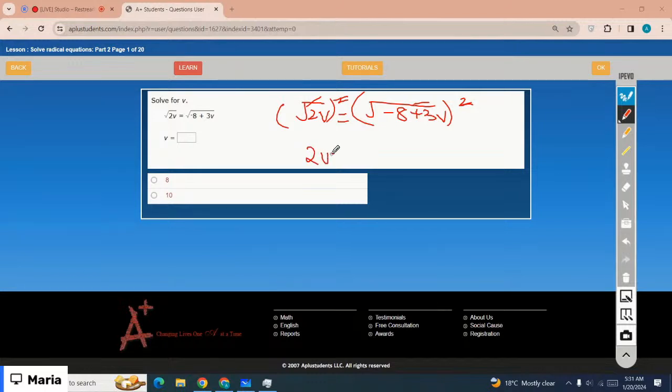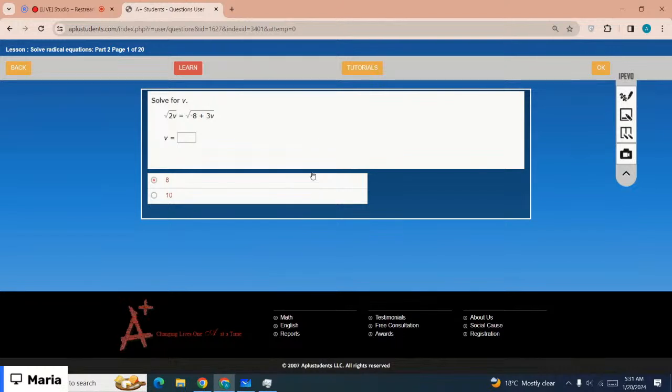You are left with 2v equals negative 8 plus 3v. Move 2v to the other side, 8 equals 3v minus 2v. 3v minus 2v is v, and v equals 8. The correct option is v equals 8.